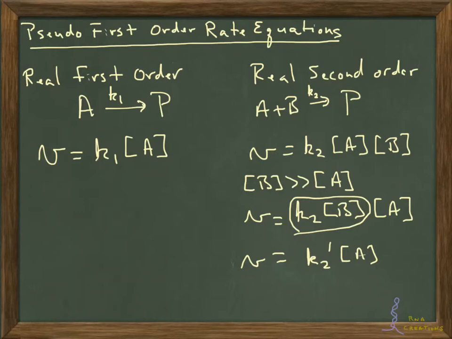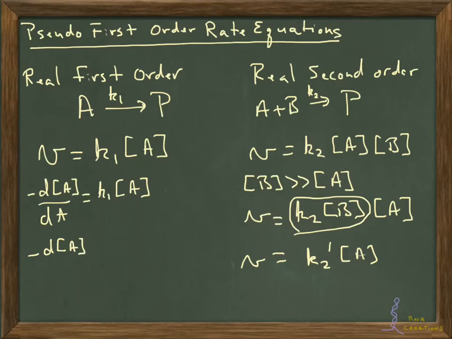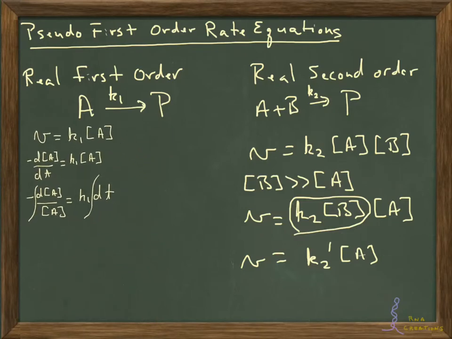So the velocity is minus dA dt, right? And so it's really easy to integrate this. Hopefully everybody knows how to do this.